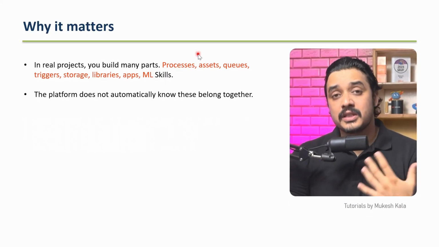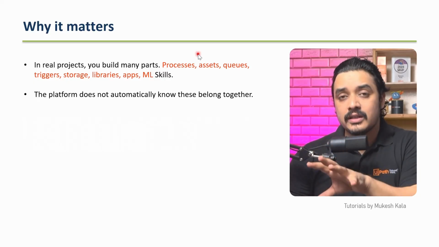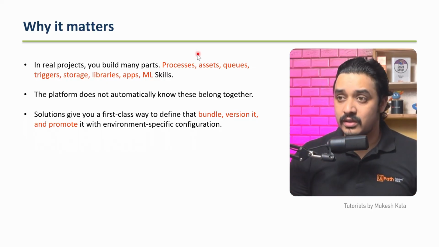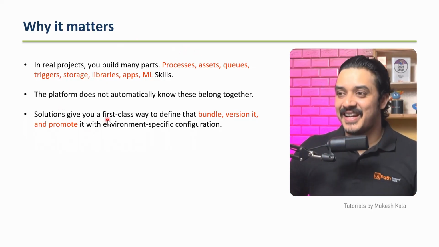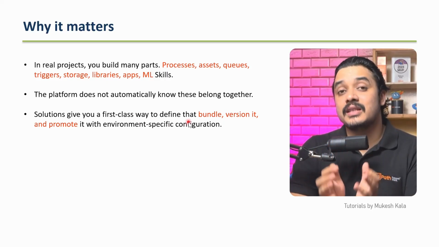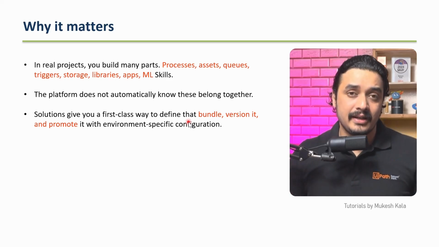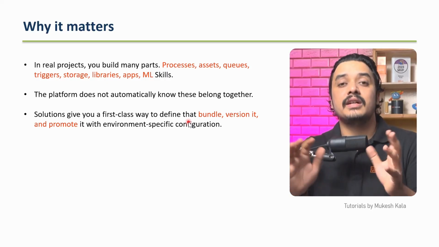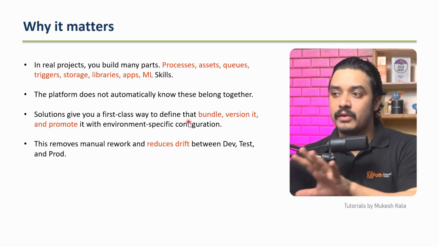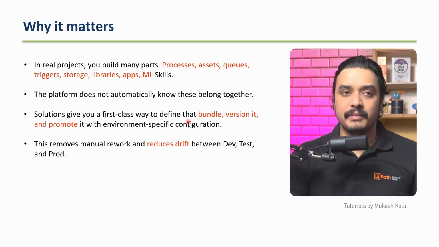And while I am stitching, the platform does not automatically know which things belong to which category. That's where a solution comes in, which means that you can actually bundle it, version it, and promote it with the same set of configuration. So basically it is an easier way to tell UiPath that all of these different components are from a single solution. This removes the manual rework and reduces the drift between development, testing, pre-prod and prod, depending on the environments you have.